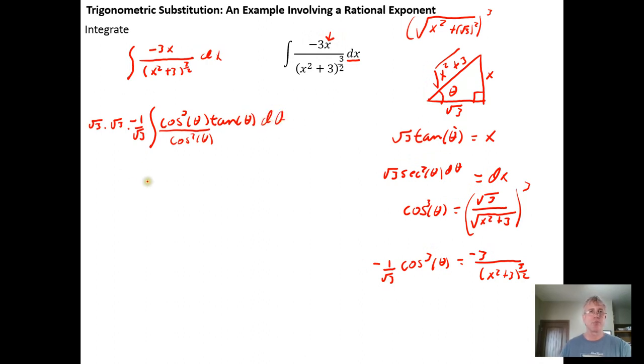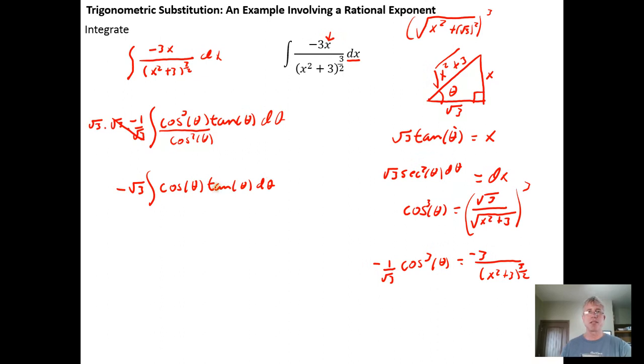And so that's going to simplify. So we get negative square root of 3 sitting out there. Cosine cubed divided by cosine squared is the cosine of theta times the tangent of theta, d theta.